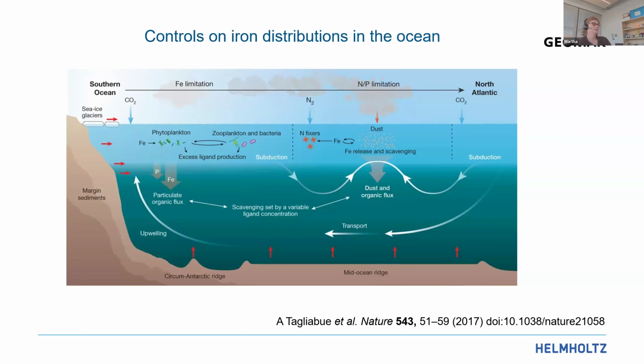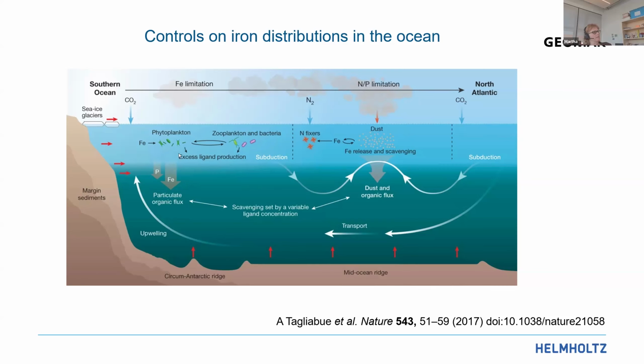And this is a good schematic on the overall controls from Al Tagliabue's work from 2017. It shows that iron is influenced by sources from margin sediments, from atmospheric dust, and from inputs from the deep ocean as well, from hydrothermal vents and sedimentary inputs from the deep ocean.